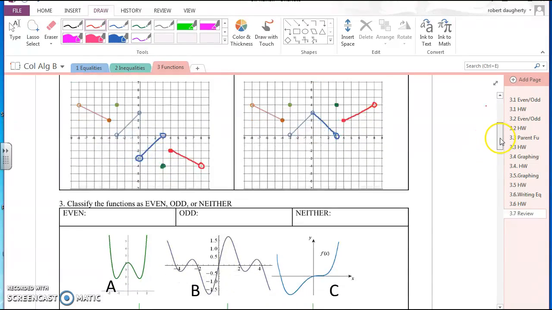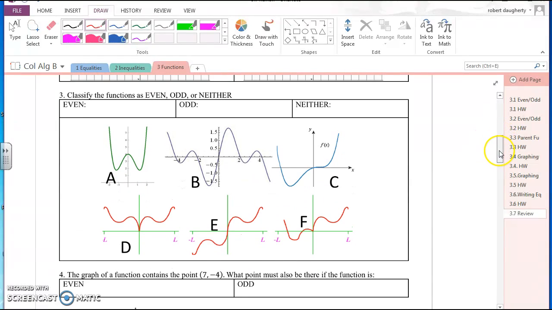Now, if I continue on, they're graphically giving me functions and asking me if they are odd or even. So function A is an even function. It is symmetrical about the y-axis. Function B is an odd function. Whatever it does on one side of the axis, it does the opposite. So function B is odd.